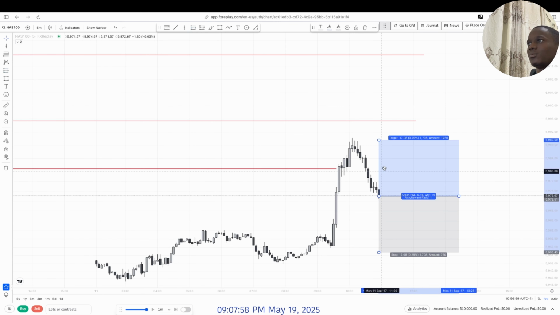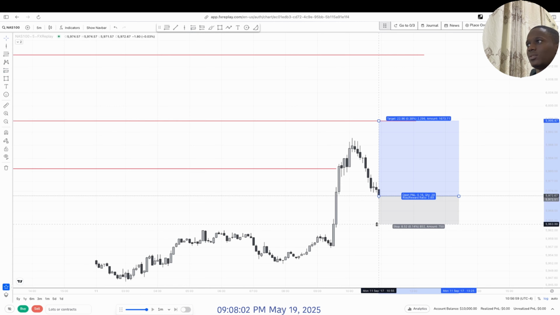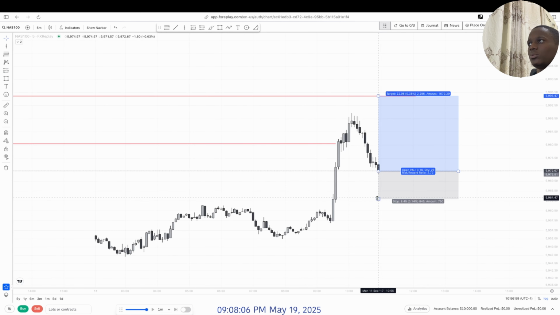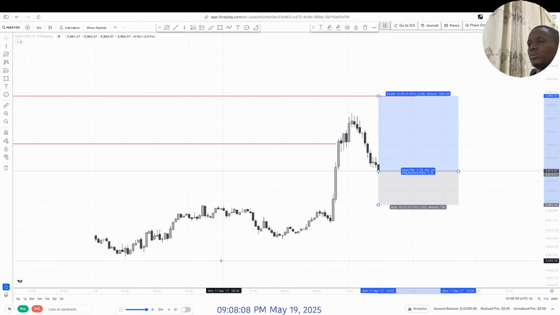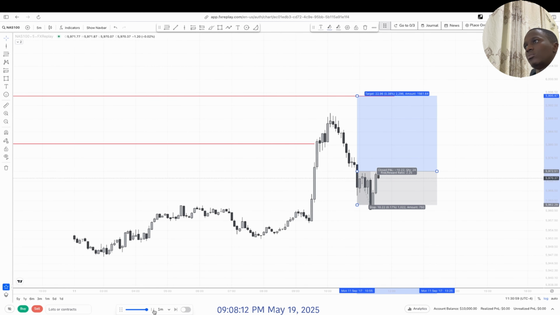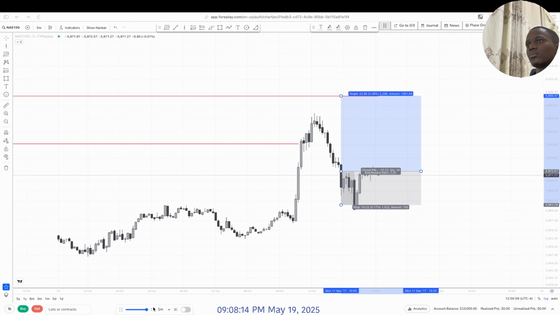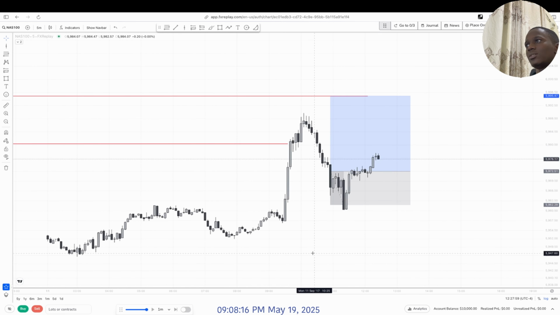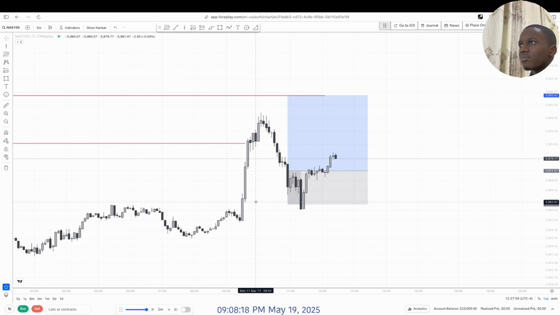But wait, the entry would have been on this fair value gap. Then how do I know which one is respected?